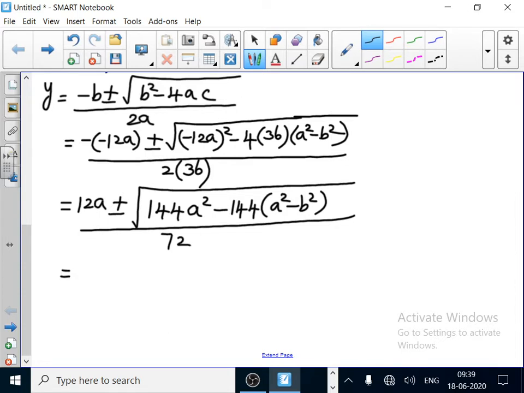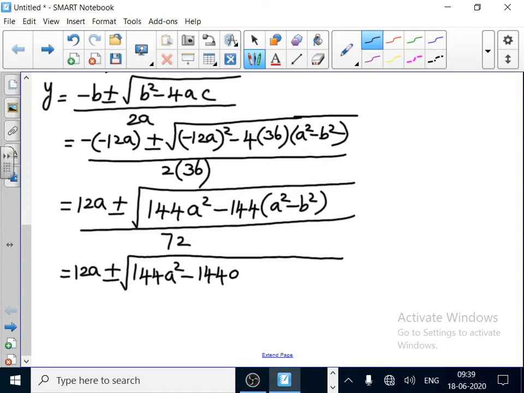That is equal to 12a plus or minus square root of 144a squared, bringing 144 inside the bracket, minus 144a squared plus 144b squared, whole divided by 72.